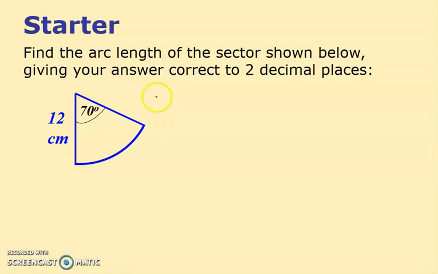At GCSE Maths, this says find the arc length, which is this distance here. And you should remember this is basically like part of a circle. It's my dodgiest circle ever. But as a fraction of the circle, it's 70/360. So if I want to work out this distance here, I really work out the distance all the way around, and that's called the circumference.